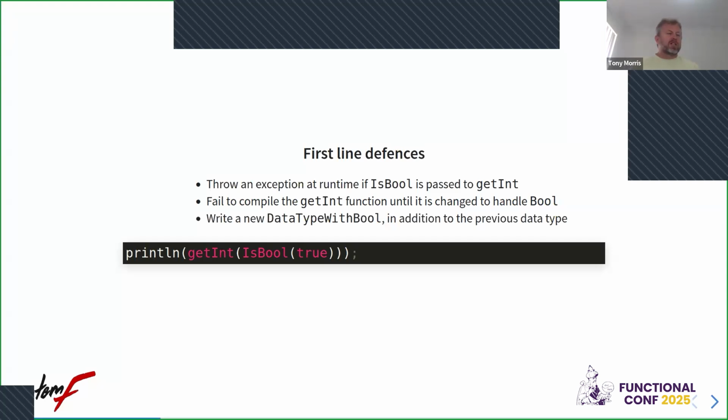Another one is to fail early on the getInt. So the compiler examines the getInt function, tells us that we're not handling the isBool case, and therefore fails the compiler. And another approach is, instead of adding the isBool case to the data type, we write an entire new data type that has the additional case added to it.